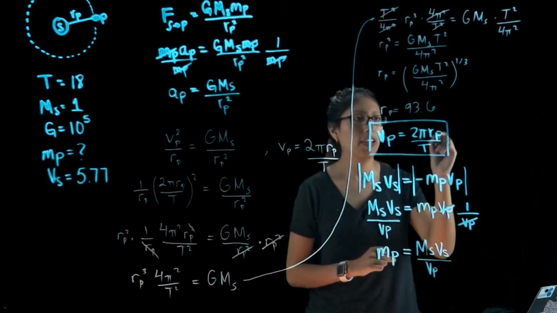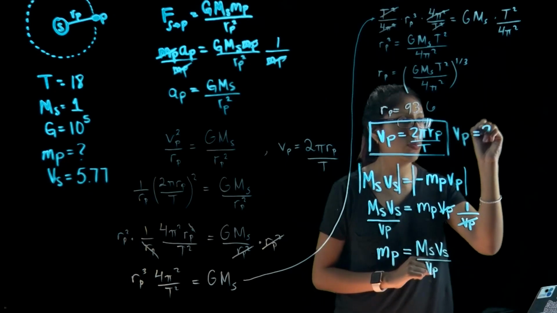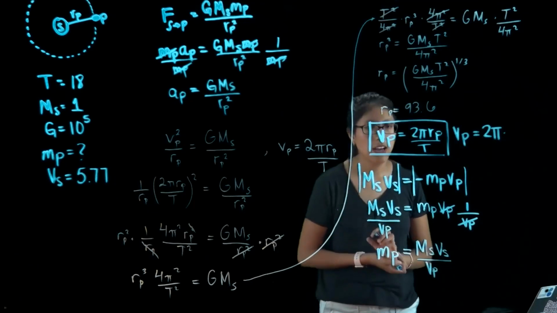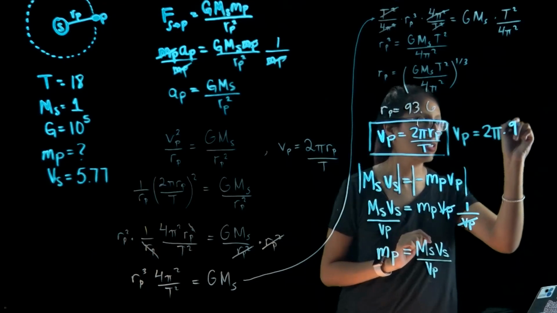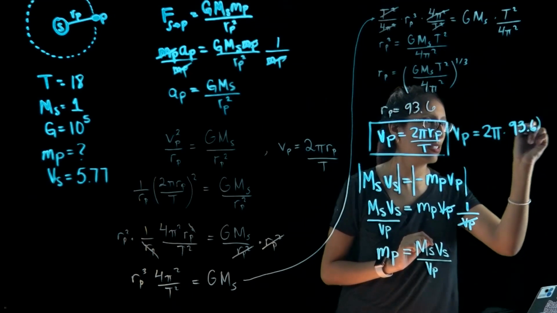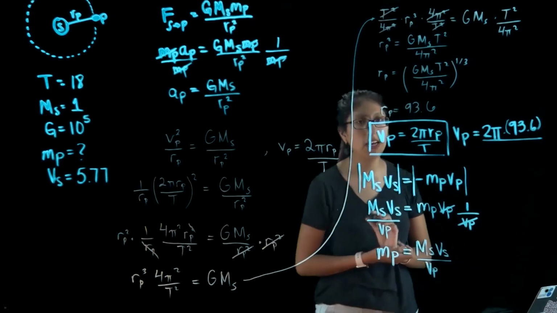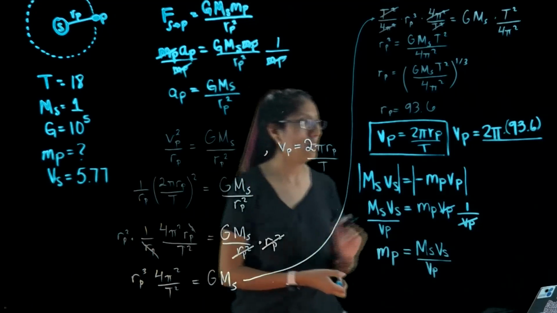So solving it, we know that the velocity of the planet is going to equal 2 pi times the radius of the planet, which we found was 93.6, divided by the period, which I mentioned earlier was 18.